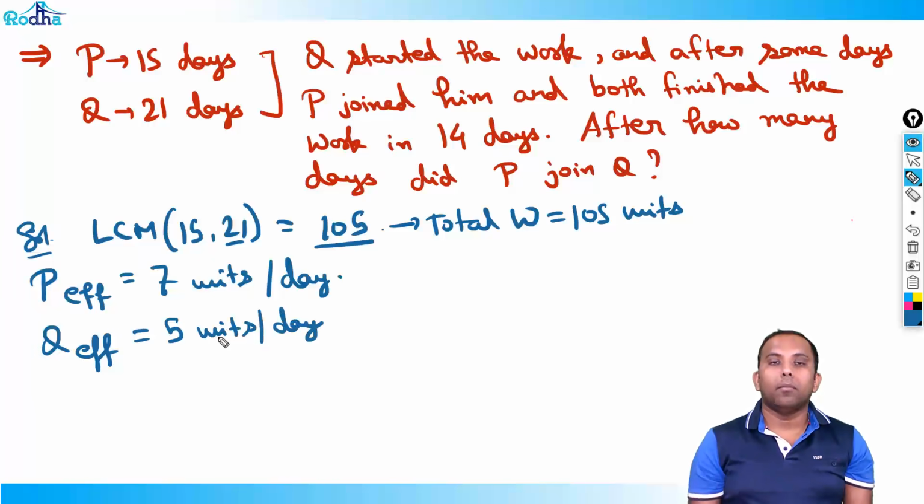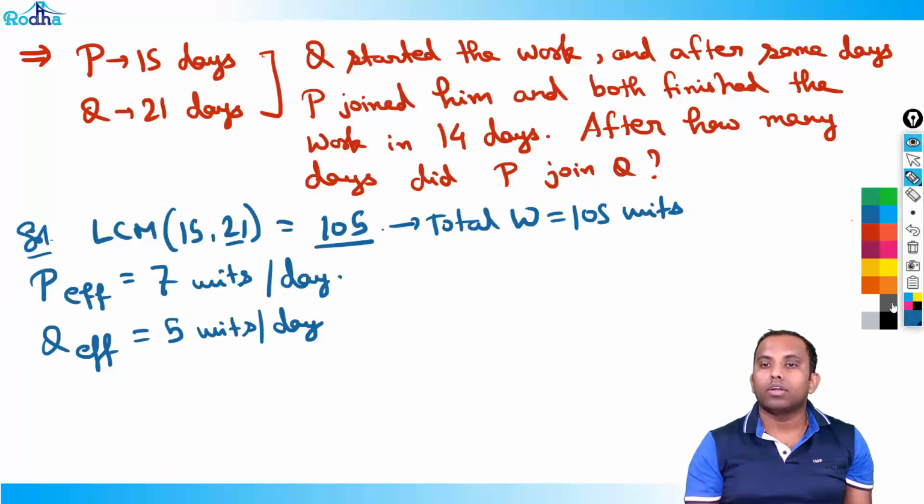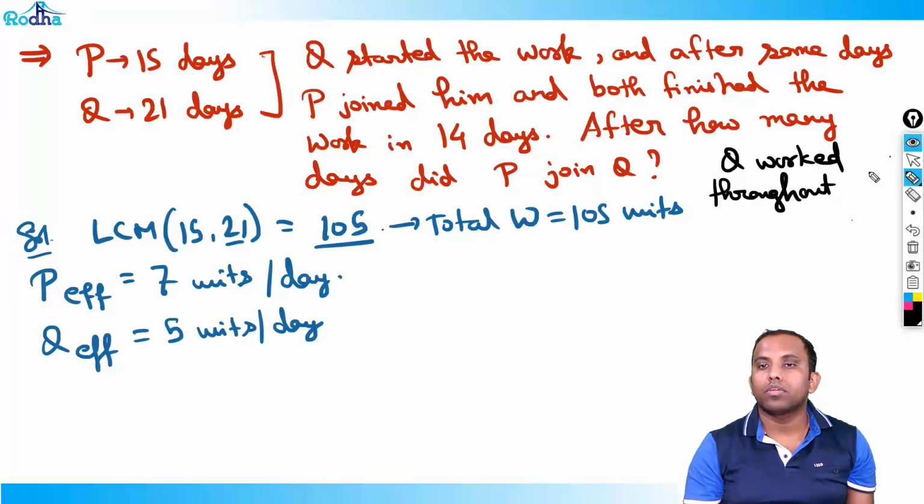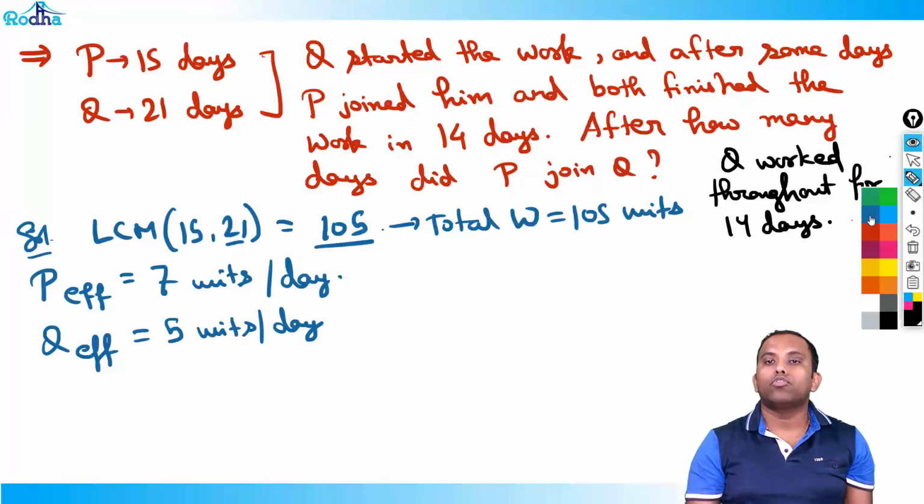Now, the main part of this question is that Q started the work, P joined him after some days, and both finished the work in 14 days. That means I don't know about P, but Q worked throughout for 14 days, right?